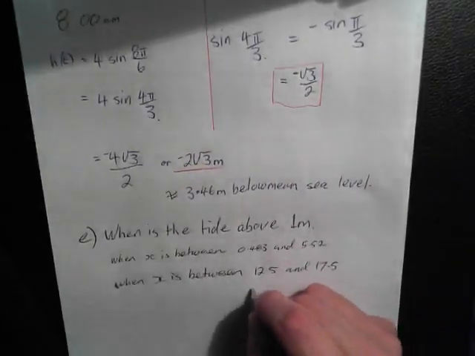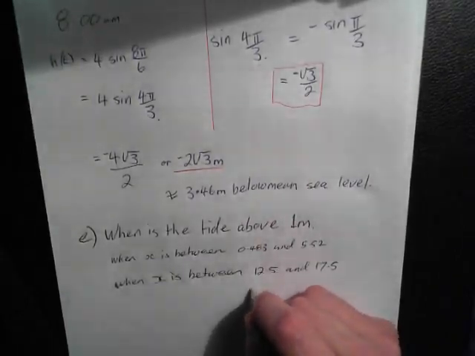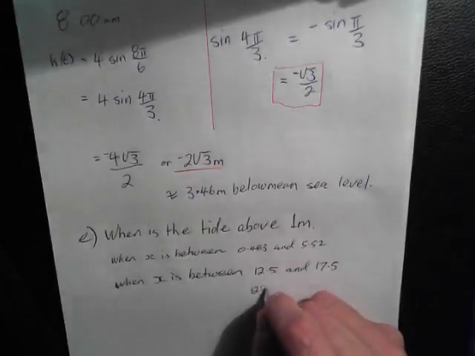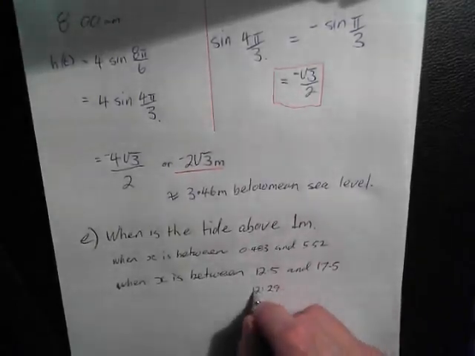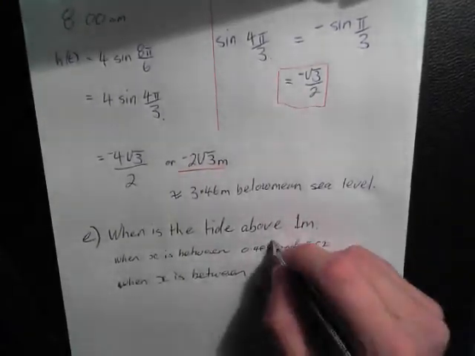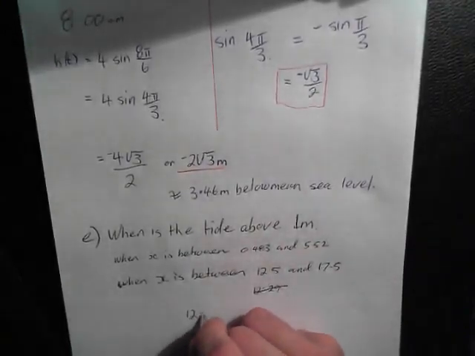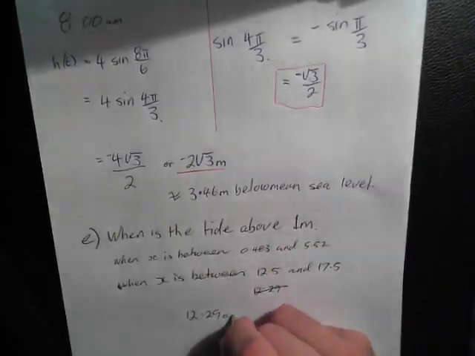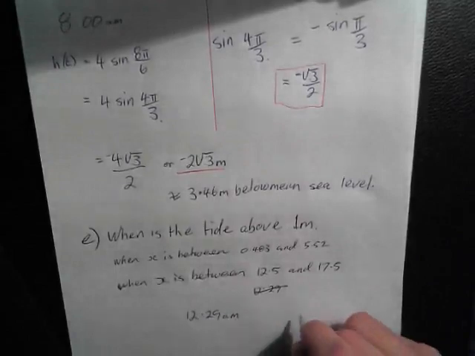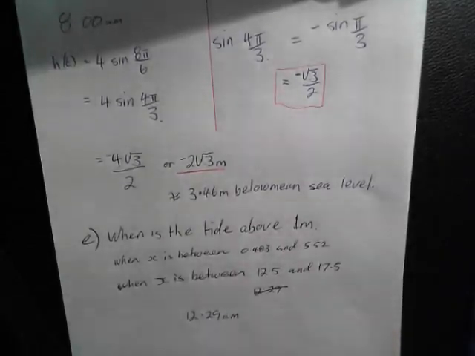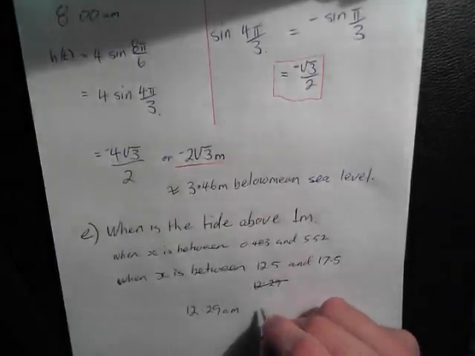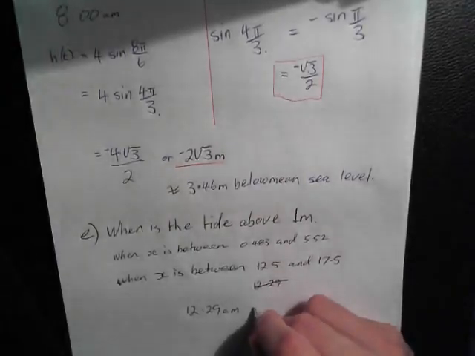So this is at 12:29 a.m. and 0.52 times 60, because it's 0.52 of an hour, is 31. So 12:29 a.m. and 5:31 a.m., we'll say.